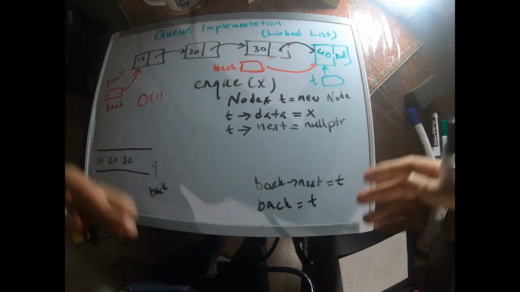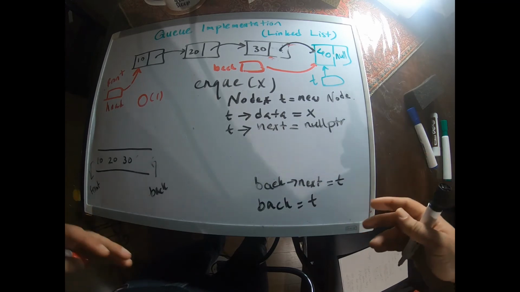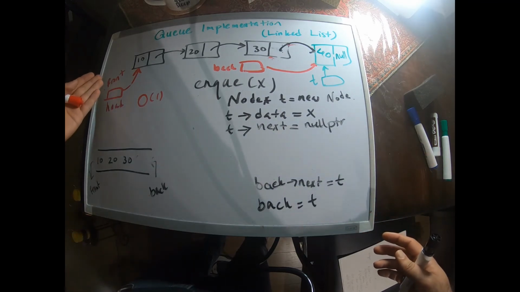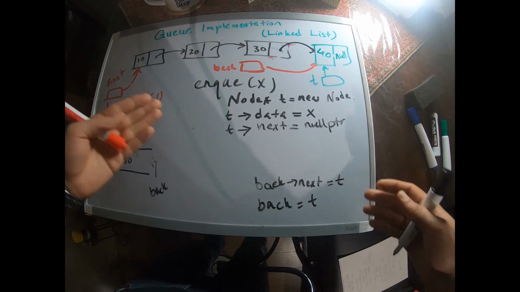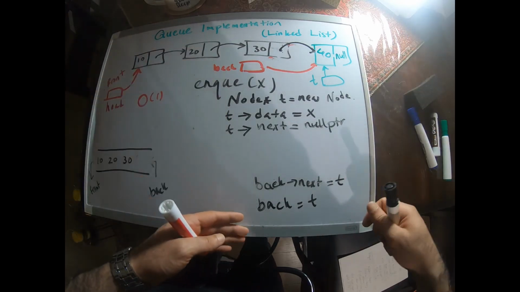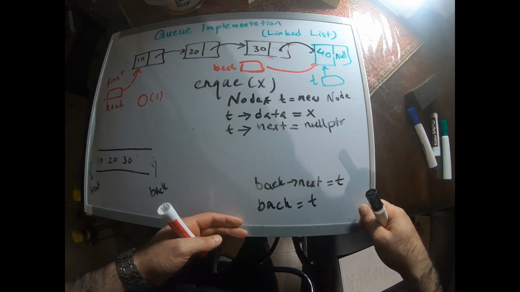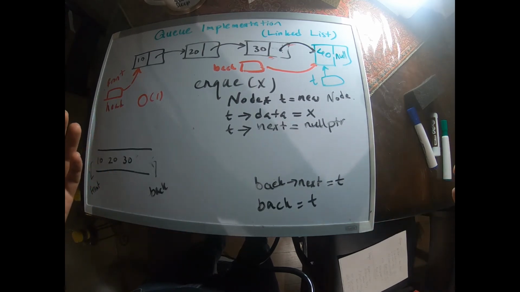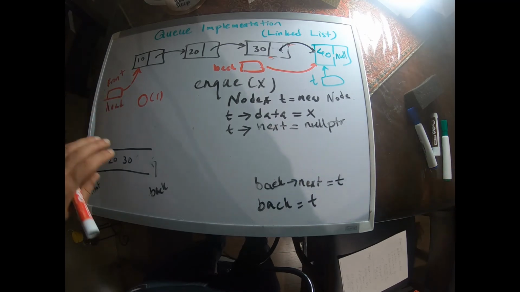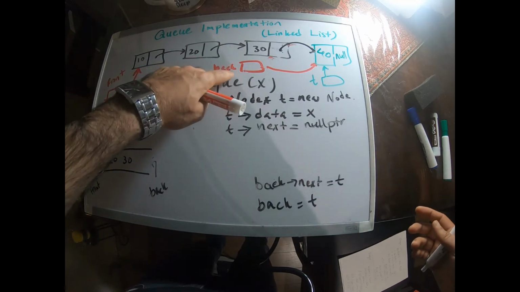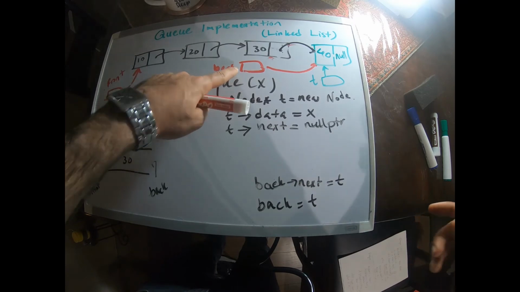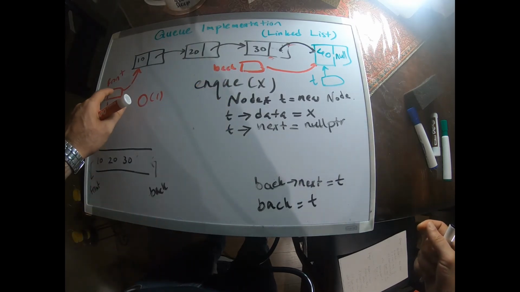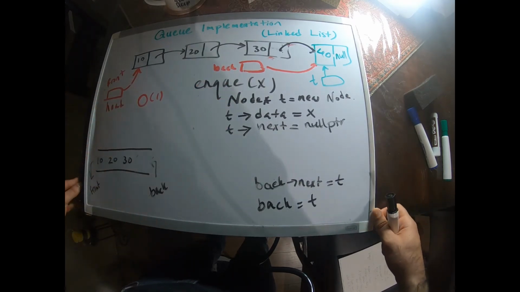Would this be okay? Do I need to change the front at all? I didn't need to change the front at all in this case, right? So similar to the way that we implemented the queue using arrays, when you want to enqueue, most of the time we only need to change the back. What was the case where we also needed to change the front?